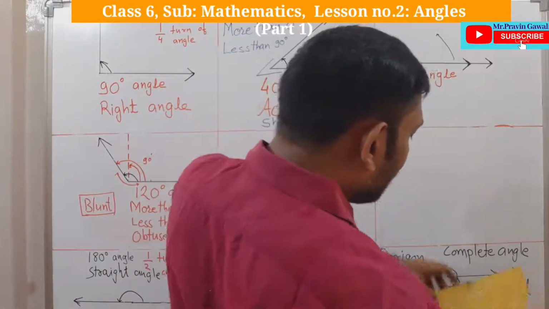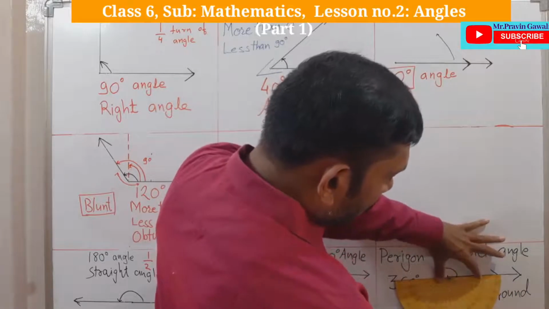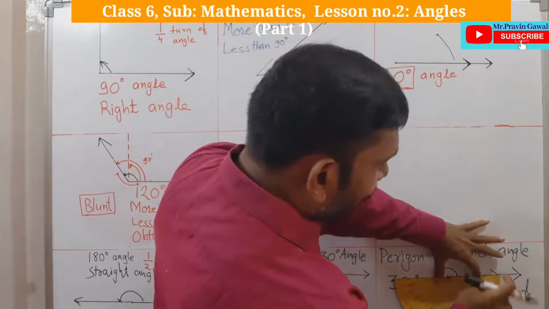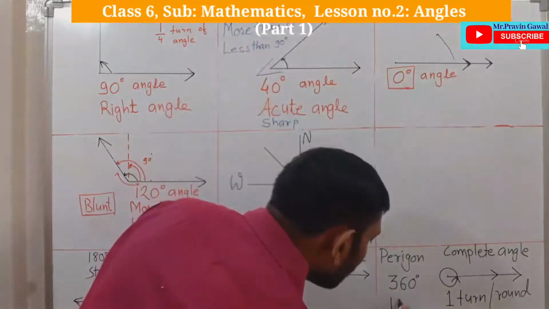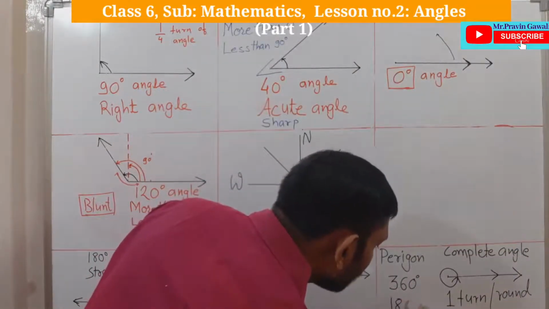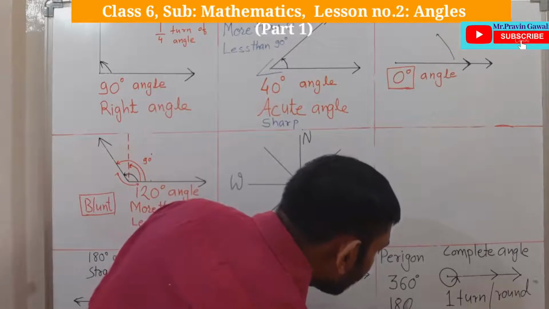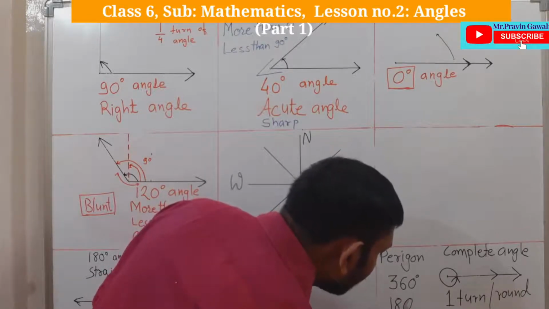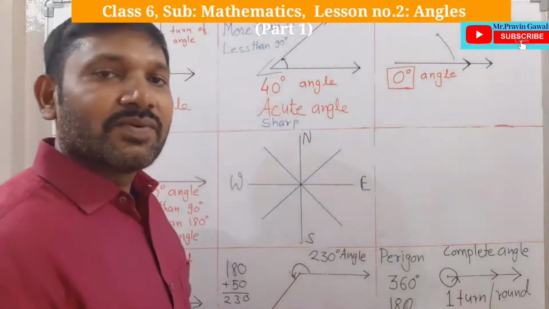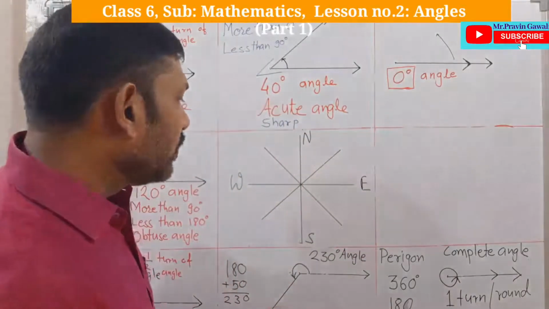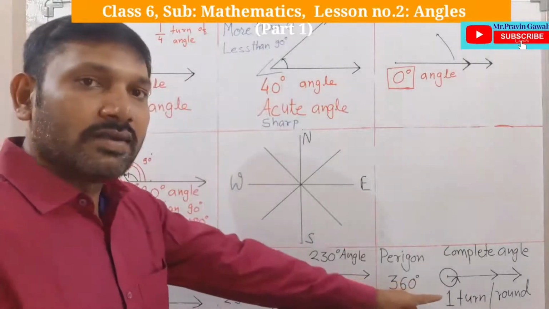And if we measure again from the below side, 180. Okay, 180, 180, how much? 180 plus 180 is equal to 360 degree. Okay, student, have you understood? Very good. So here it completes a turn.